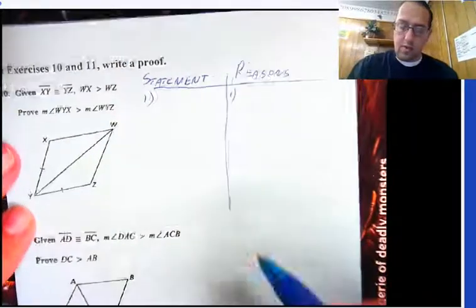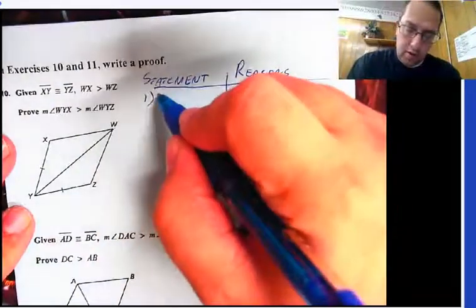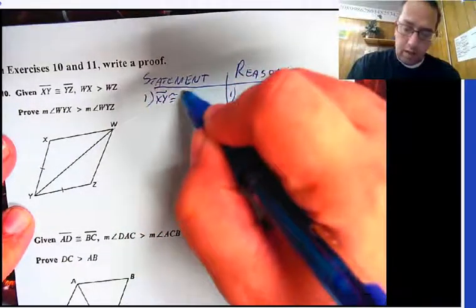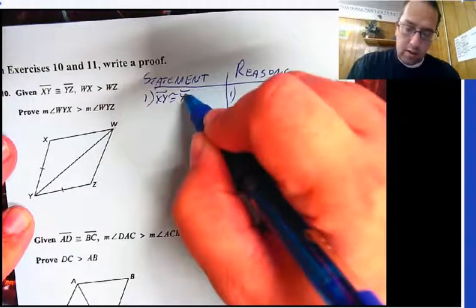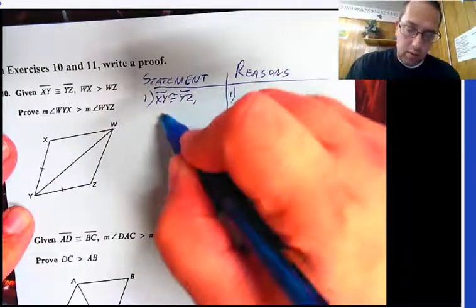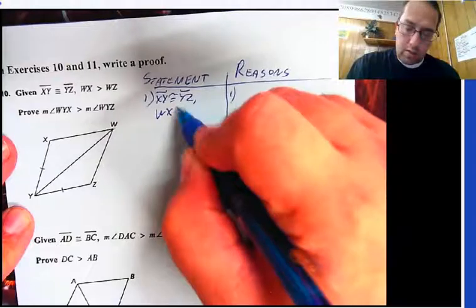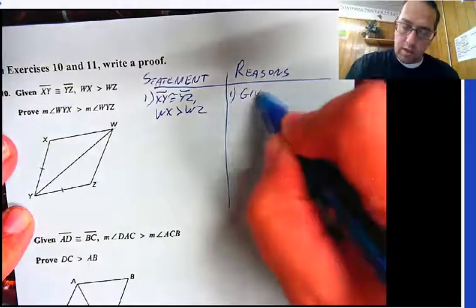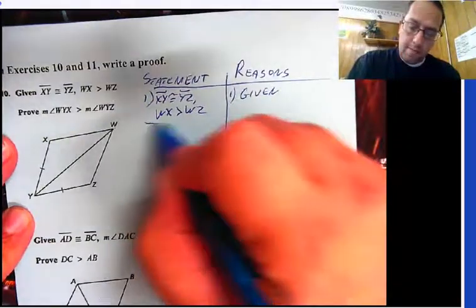We're given some stuff. So let's start by writing down our givens while we think up a plan. Segment XY is congruent to segment YZ, and we know that the length of WX is greater than the length of WZ. We know this because it was given to us.